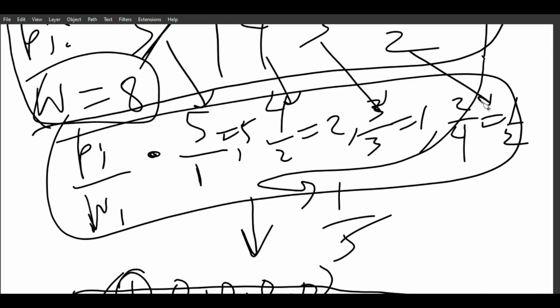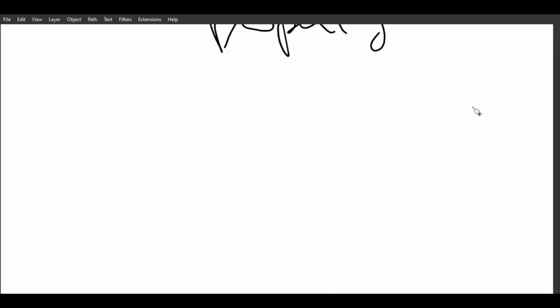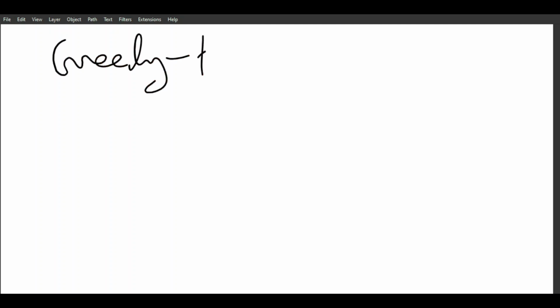This is the most difficult part, and we'll prove this. So first we write our algorithm, then we'll prove by induction that this algorithm works for all values of n. So now we write the algorithm and prove its optimality. So we write our greedy algorithm, call it greedy knapsack.